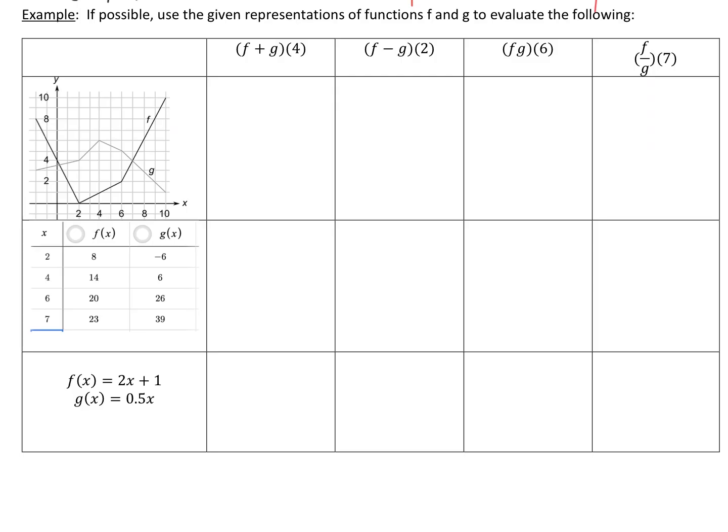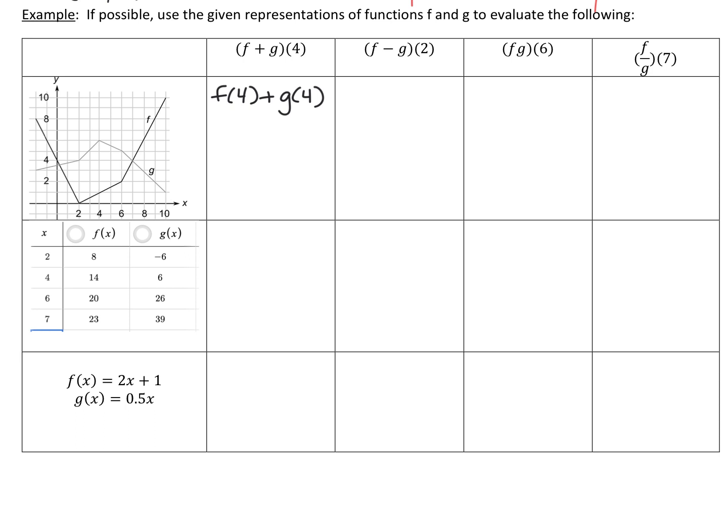You have addition first, subtraction, multiplication, division. We've done this twice now. Okay, for the first one, we are doing f of 4 plus g of 4, but you are looking at the graph. So you're going to 4. Remember, I'm giving you the x value, and I'm asking you to find the y value. So here's 4. F of 4 is, f is this one.